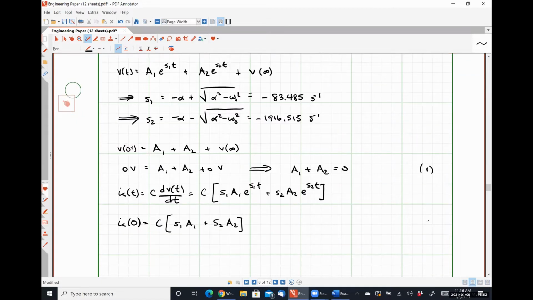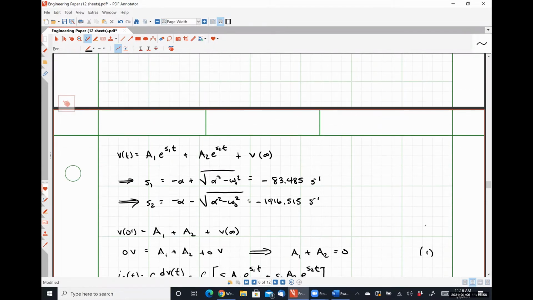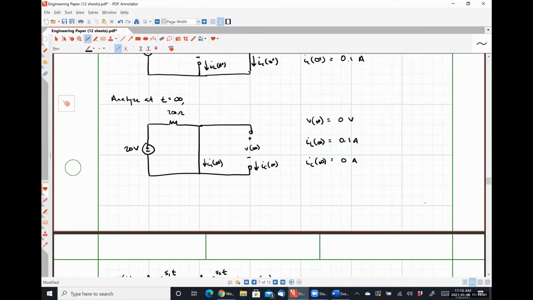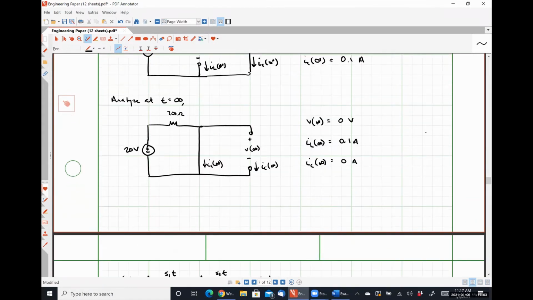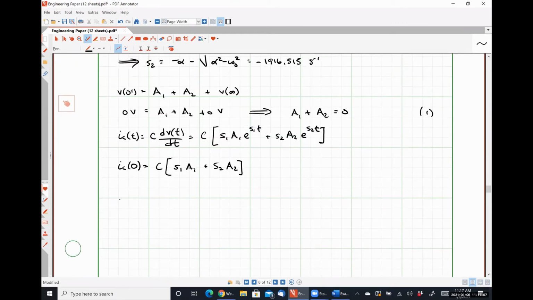All right, so IC at 0 was 0.1 amps. So we have 0.1 amps is equal to C, which is 2.5, is that millifarads or microfarads up here? Micro, thank you.